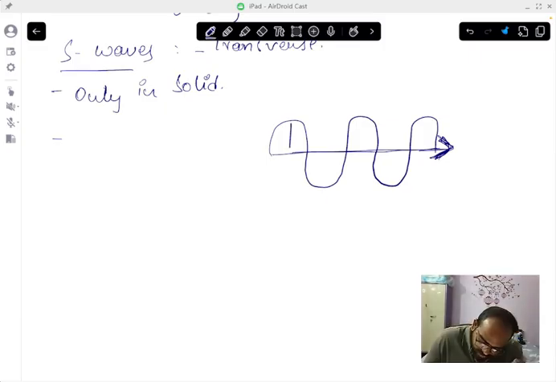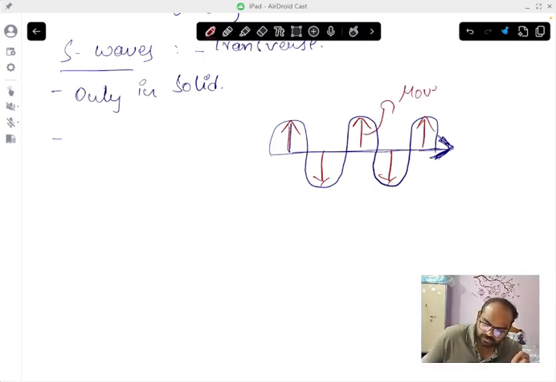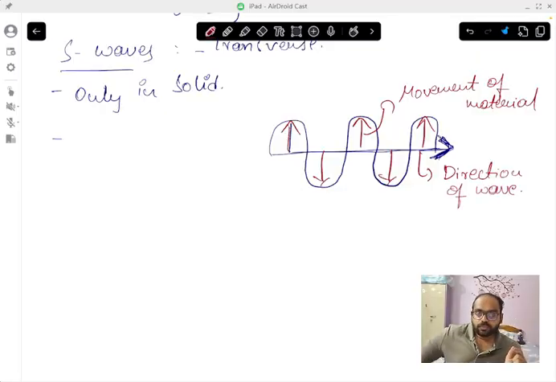The material moves either like this or like this. So we can say that the movement of the material through which the S waves pass is perpendicular to the direction of the propagation of the wave.